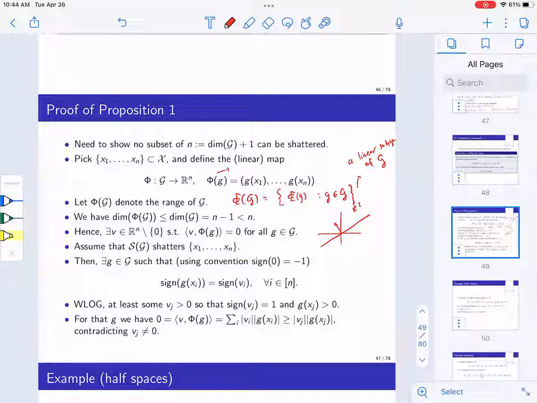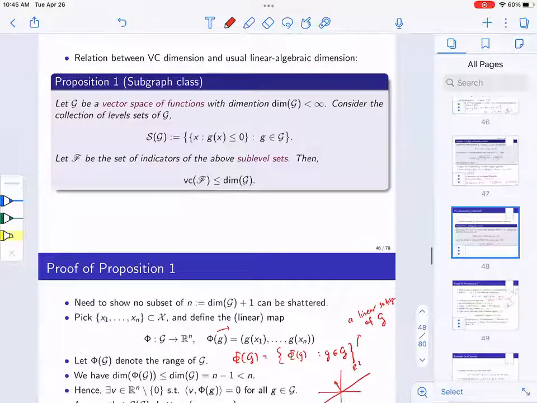Why is that the case? Recall the sublevel sets.